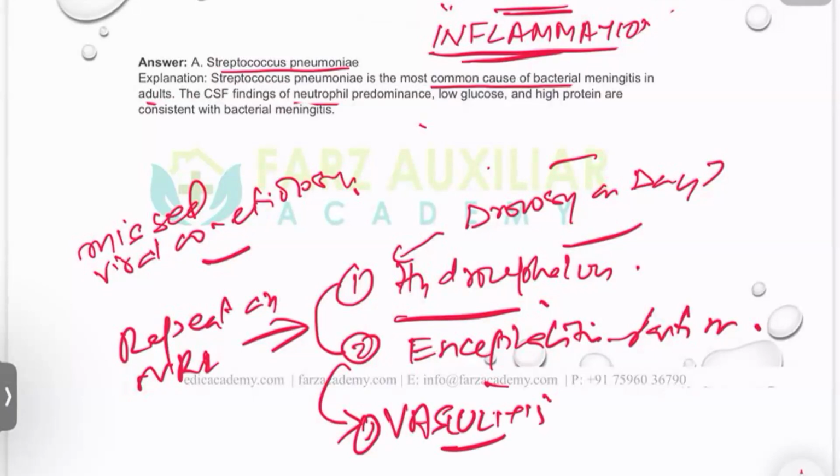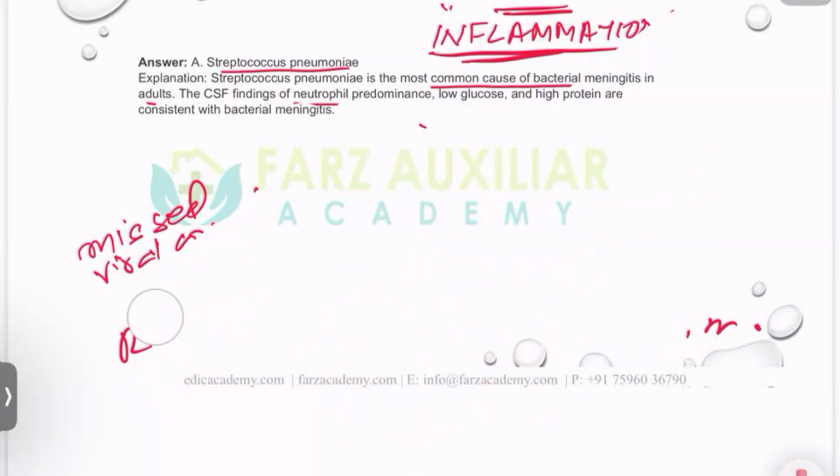So if the patient becomes drowsy on day 7, you should rule out non-infective causes like hydrocephalus and infective causes like new onset encephalitis or mixed viral etiology. Is that okay?